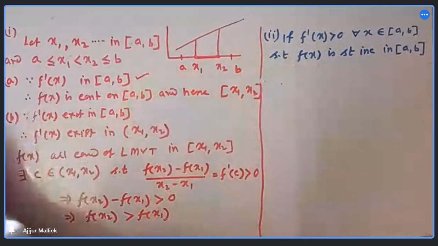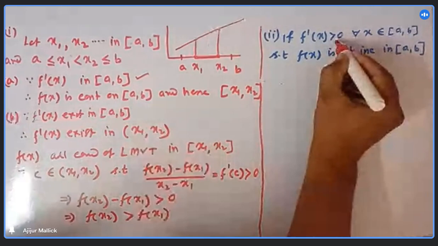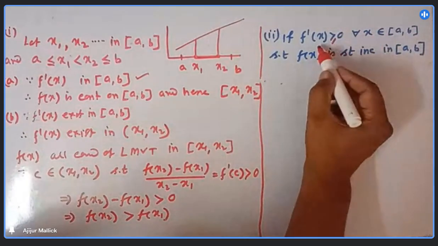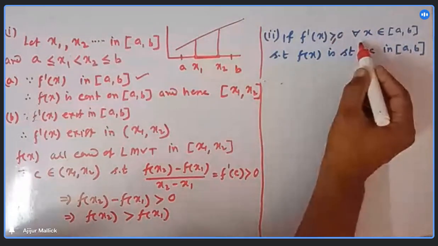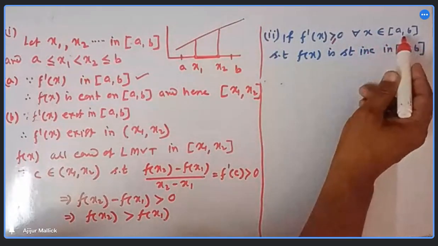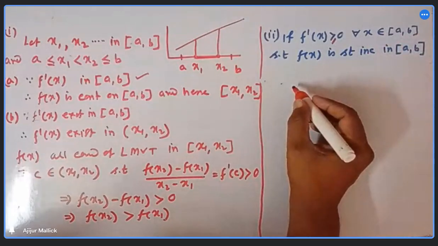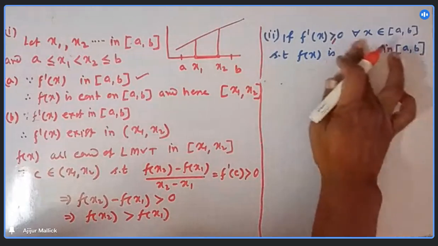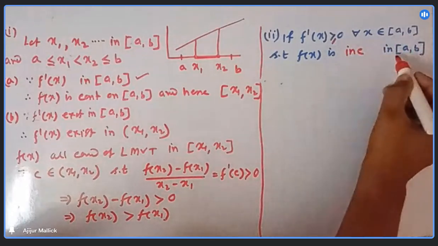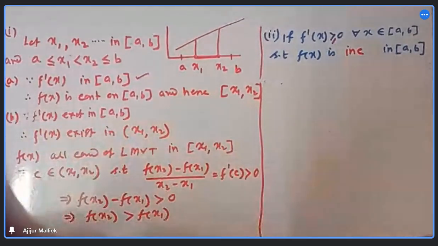If f dash x is greater than or equal to 0 for all x belonging to the closed interval AB, then show that f(x) is increasing in the closed interval AB.